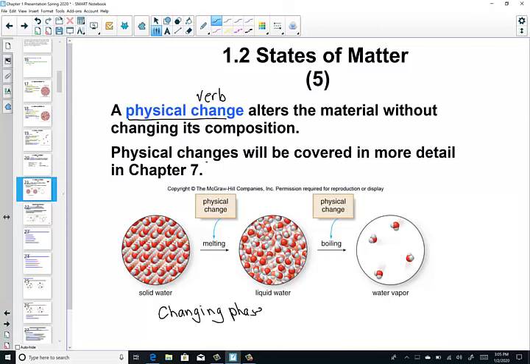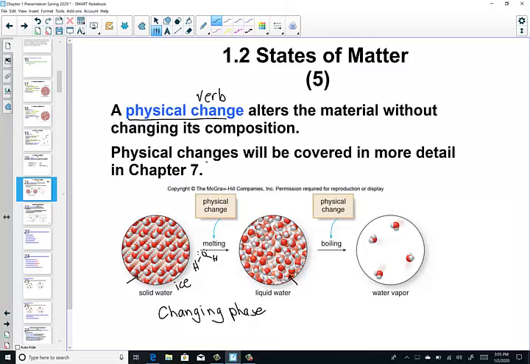changing phase is an example of a physical change. And what I mean by that is, if I have solid water, we call that ice, and I allow it to melt into liquid water, notice that it still has the same chemical composition. It's still two hydrogens bonded to an oxygen. It just went from a highly organized solid state to a less organized liquid state.